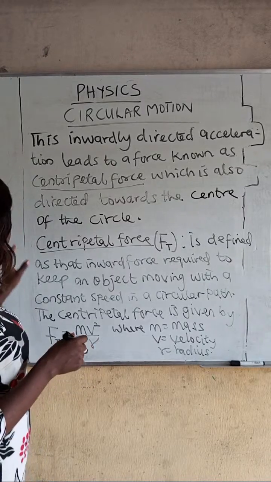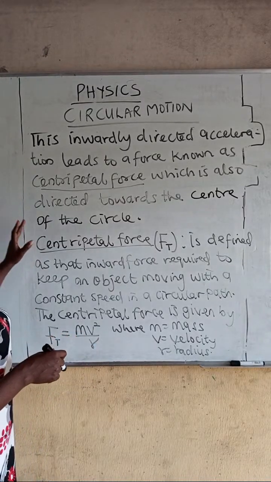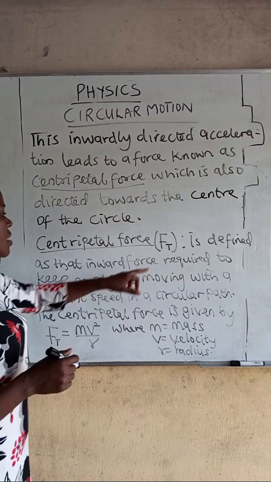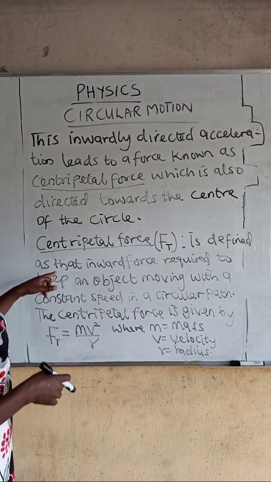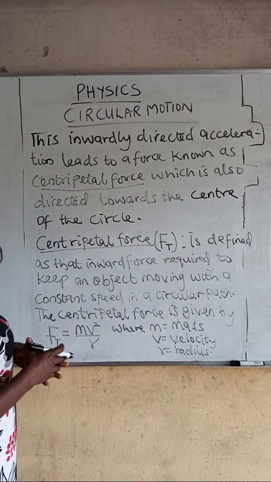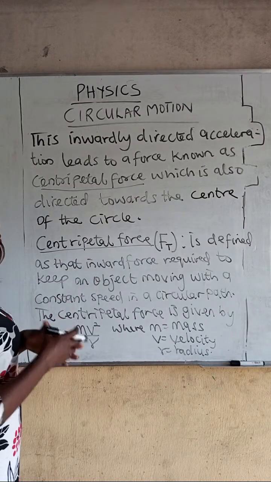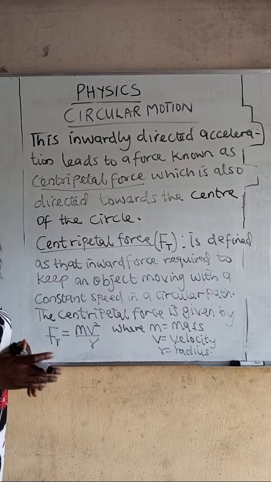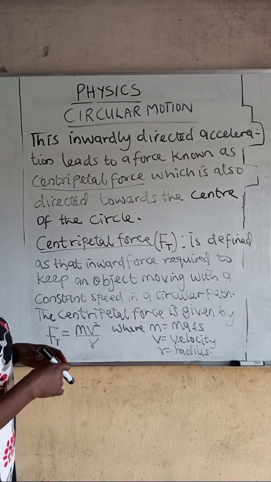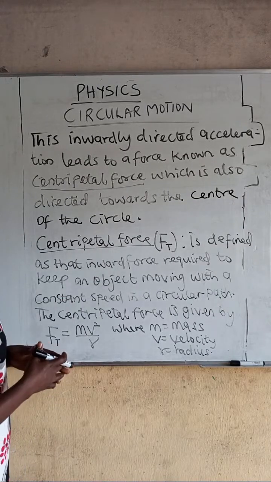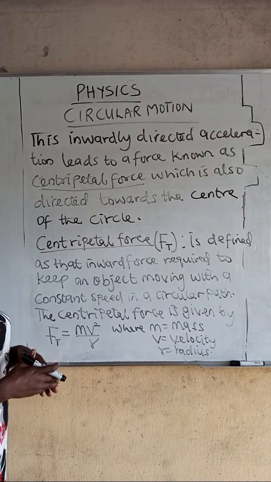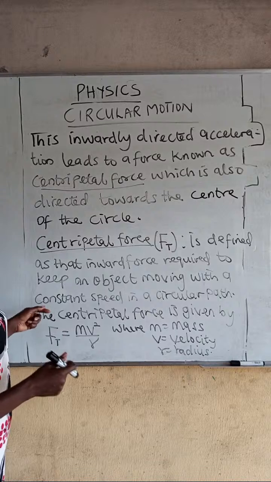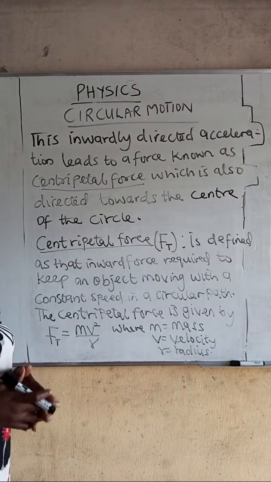Okay? Now let's go. Centripetal force, the symbol is Fc. Centripetal force is defined as that inward force required to keep an object moving with a constant speed in a circular path.